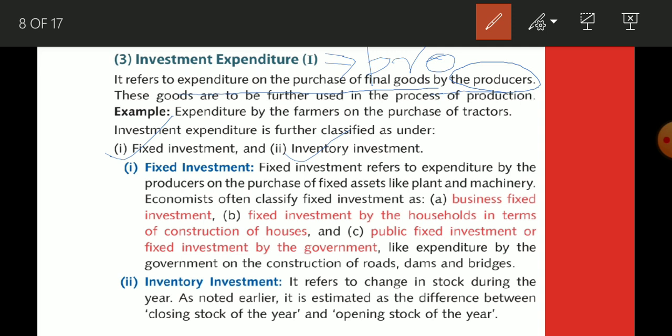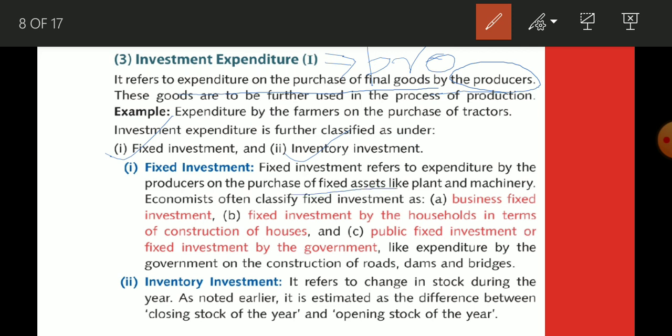These goods and services are purchased by the producer sector so that they can do further production. Okay students, and what is fixed investment? Fixed investment is the expenditure of the producer on the purchase of fixed assets.